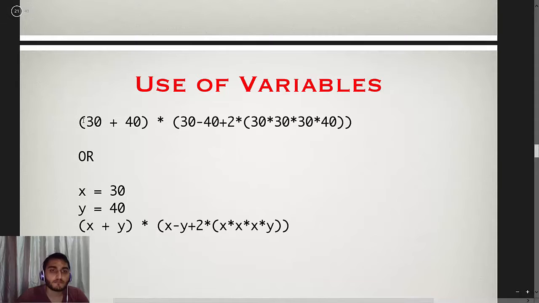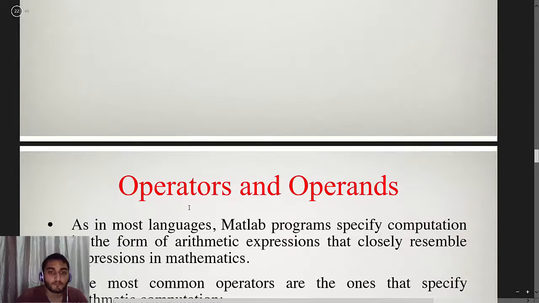For example, 30, 40. You write that this is some sequence, 30 and 40. You see that each array is written something like that. If you define x equal 30, y equal 40, you can find the answer easily.